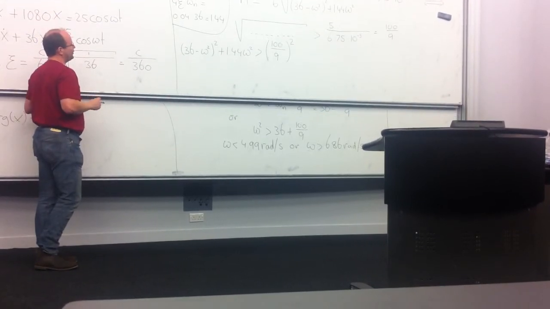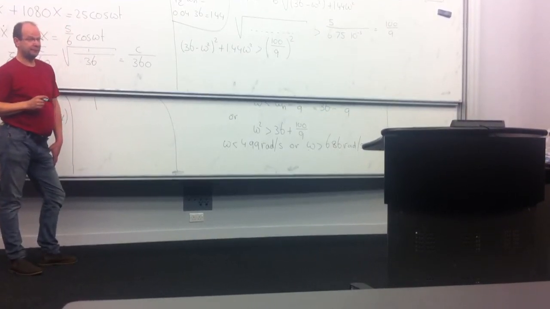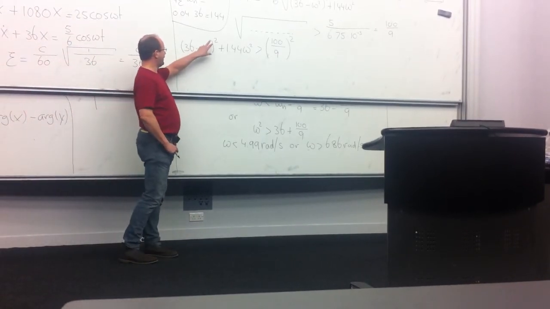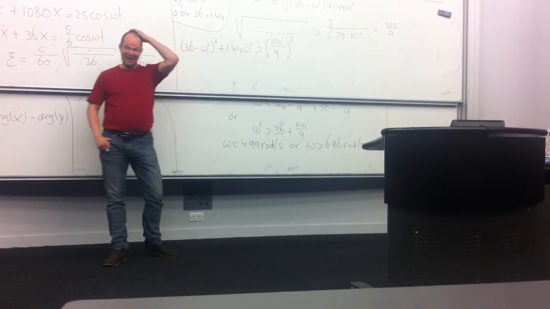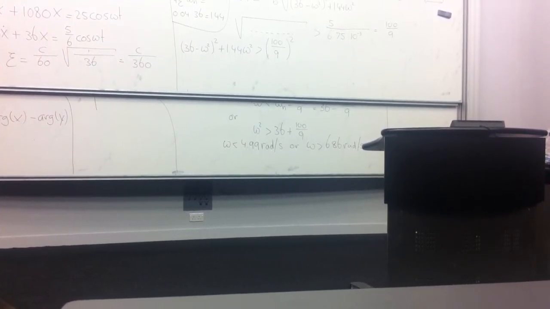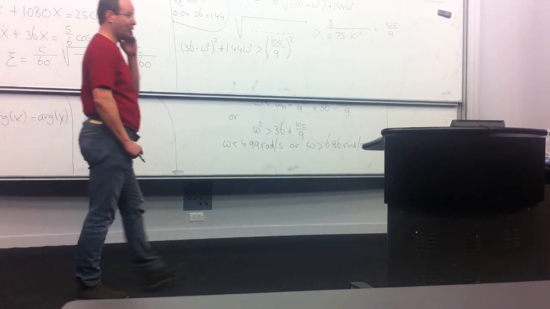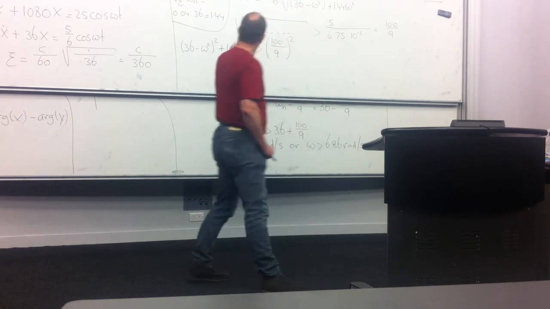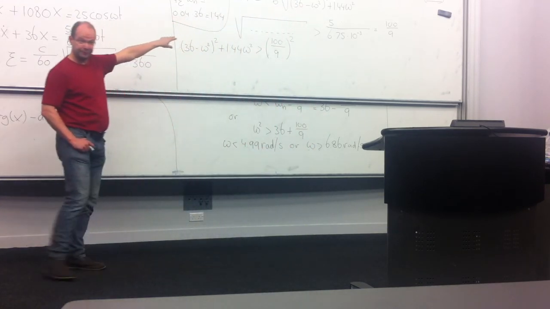And what I'm now going to do is expand everything. And keep in mind that I have an omega square here, and if I expand it, I get an omega to the power 4, which would mean you need to solve an inequality with a polynomial of degree 4. But do keep in mind that everything depends on omega squared.